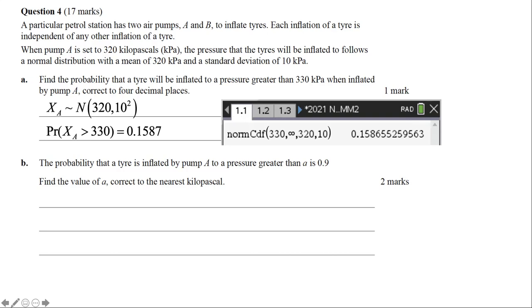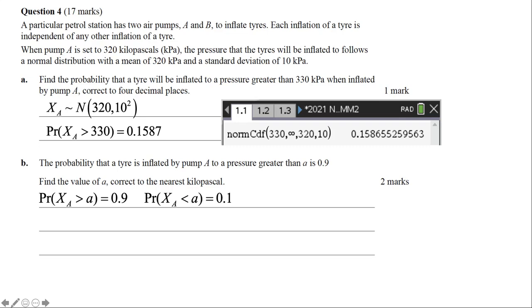The probability that a tire is inflated by pump A to a pressure greater than A is 0.9. Find the value of A correct to the nearest kilopascal. So you should notice that it's greater than A. Probability XA is greater than A is 0.9. So the opposite, XA less than A, has its probability 0.1.